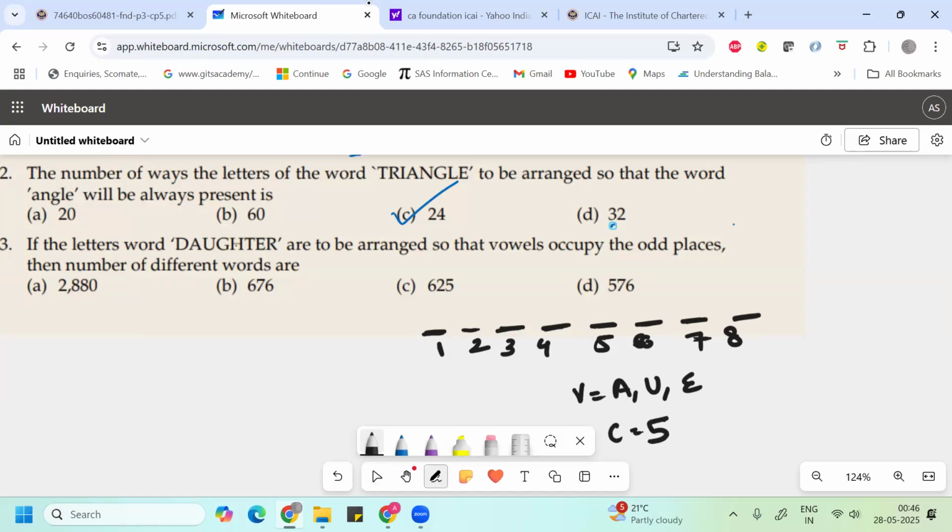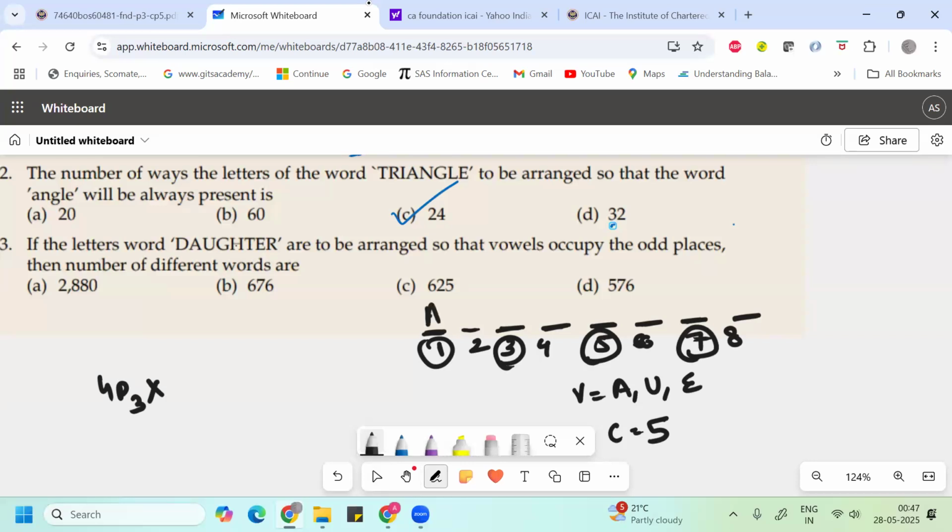Now, the letters of the word DAUGHTER are to be arranged so that the vowels always occupy the odd places. So how many odd places are there? One, two, three, four. Four odd places are there, and I have three vowels only. So the three vowels in four odd places can sit in how many ways? 4P3 ways. 4P3 is 24. And then, you have used the three vowels now.